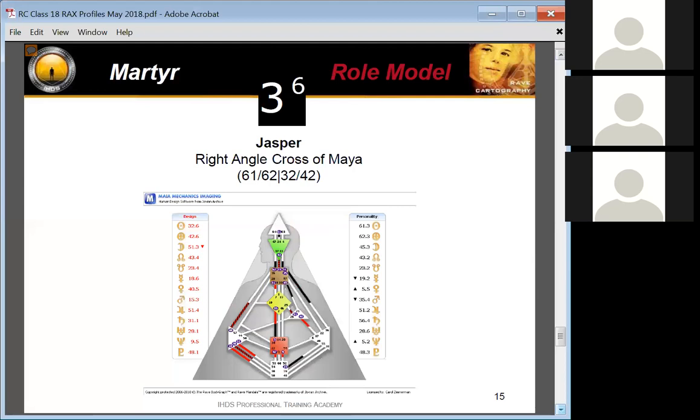So when you see this, what are your, Rick, what was your quarter? And Jasper, what's your quarter? Mutation for Jasper. Do you remember yours, Rick?